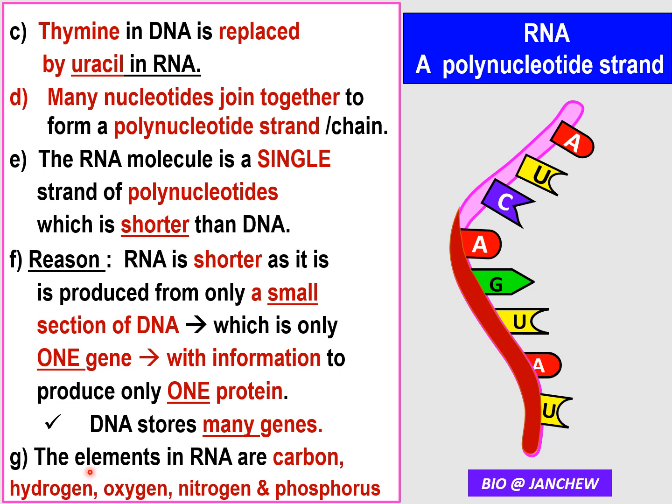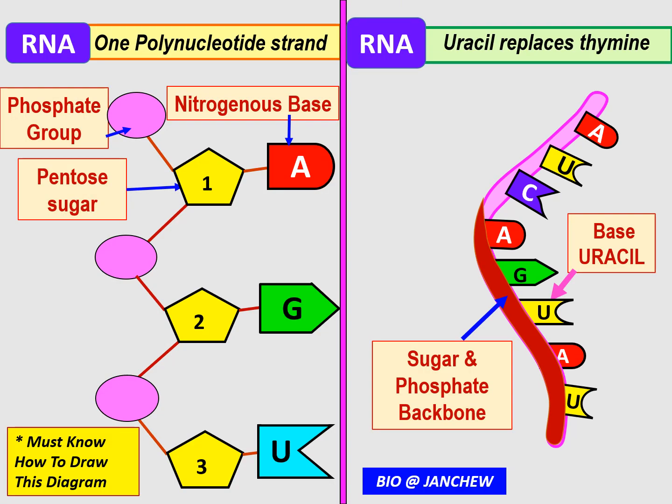Then lastly, we can mention what the elements of RNA are. They are carbon, hydrogen, oxygen, nitrogen, and phosphorus, just like for DNA, and that is the acronym CHONP. If you are asked to draw the molecule of RNA, you can draw it in this form using the nucleotides, just like for DNA.